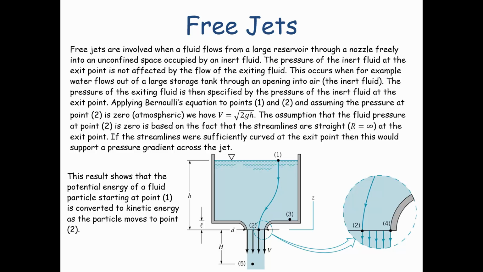So let's say you have a container, and you'll see this in the laboratory experiment lab 2, where you have a container that's got a liquid in it, and you've got an opening in that container, and you have a valve on it. Maybe open up that valve so that the fluid flows out. The fluid will come out as a jet, and that jet has certain characteristics, and that's what we're going to be examining here.